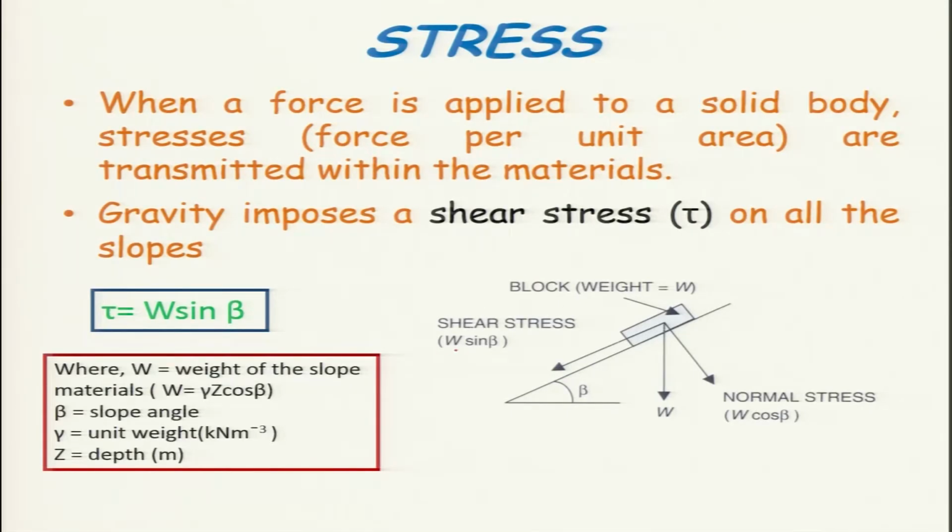Here W is the weight of the slope material, that is, the material which is sitting on the slope along or above the potential sliding plane.